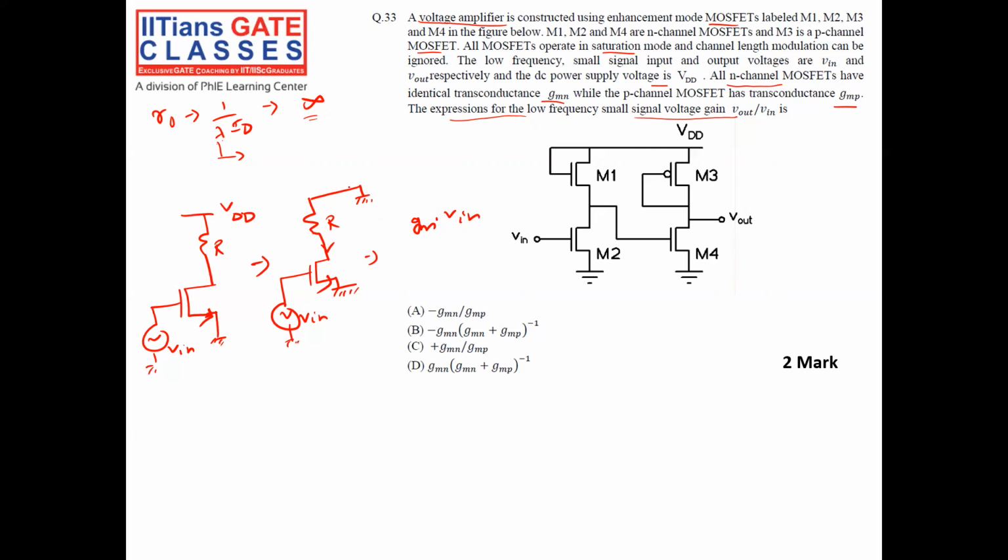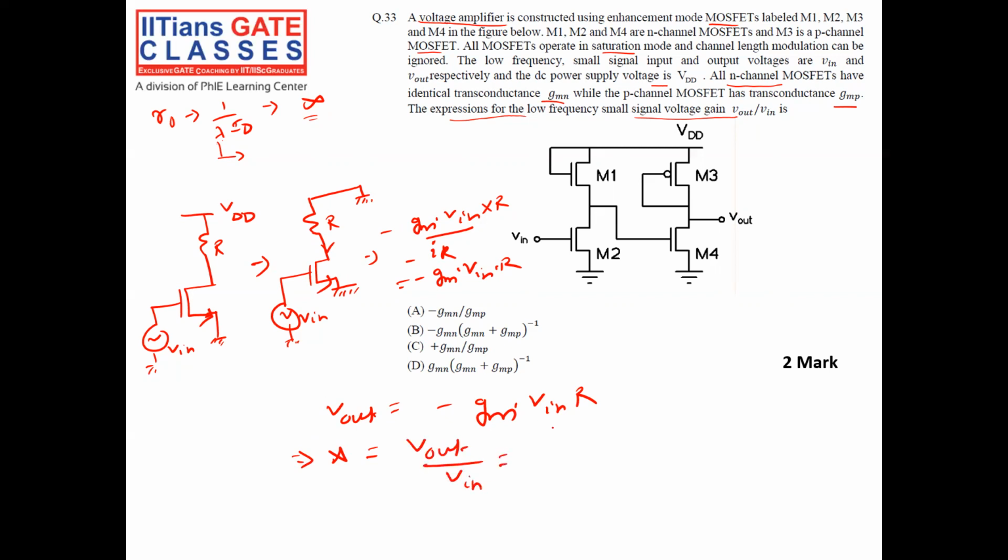The voltage will be 0 minus current into R, so minus GM Vin into R. So my Vout is equal to minus GM Vin into R. This implies the gain, Vout by Vin, is equal to minus GM into R.